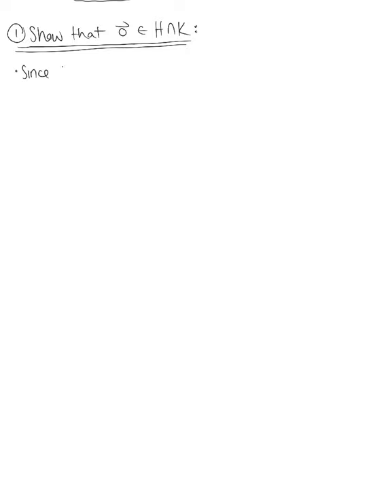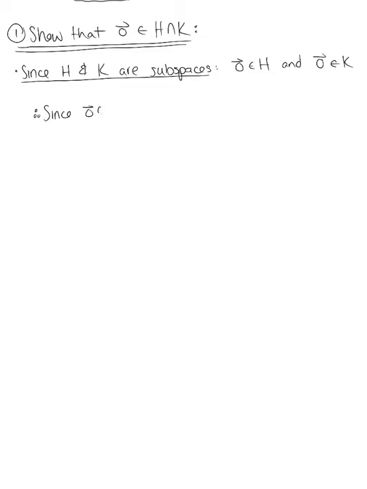So we want to first show that the zero vector is in the intersection of H and K. Right off the bat, we can immediately say that since H and K are subspaces, then we automatically know by definition that the zero vector is in H and the zero vector is in K. Therefore, since the zero vector is in H and the zero vector is in K, this tells us that the zero vector exists in their intersection, which is what we wanted to show.